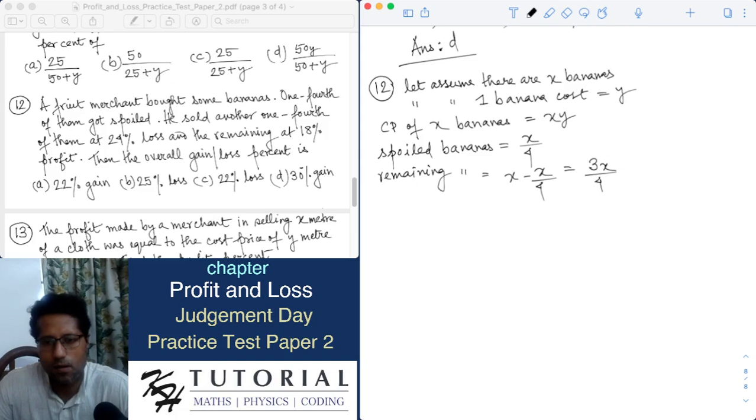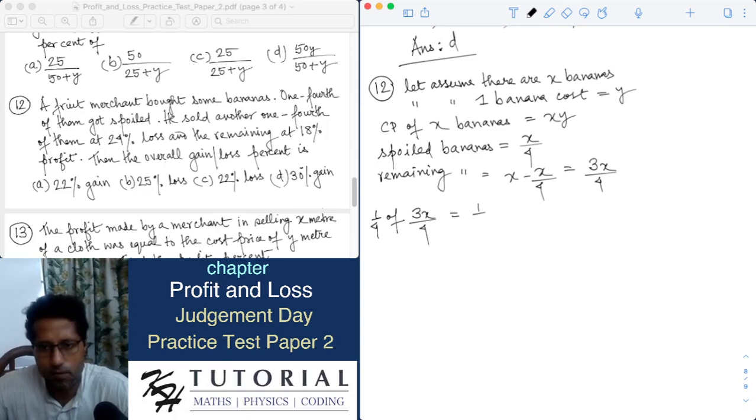So 1/4 of 3x by 4 is equal to how much? It is 1 by 4 multiplied by 3x by 4. This is 3x by 16 bananas.